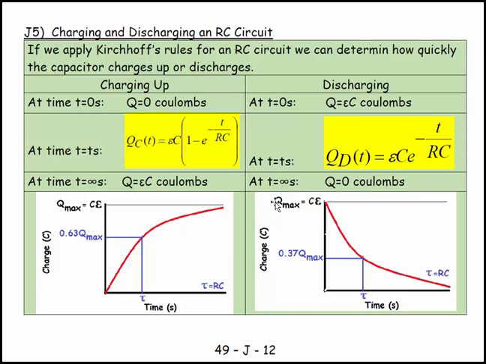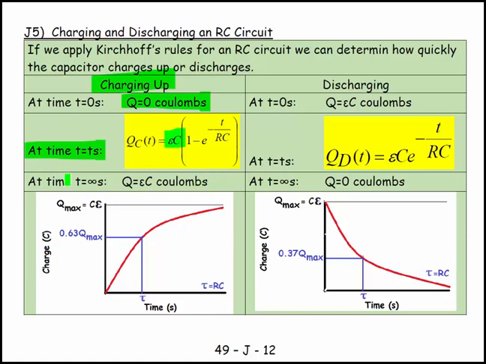in this course. So we kind of pull the answer out of a hat and we say for charging up at time t equals 0 seconds, just after you close the switch, as we just said, there's no charge on the capacitor, and then at time t seconds in between, the charge is equal to the maximum charge possible, which is the EMF times the capacitance, modified by 1 minus e to the minus the time over a constant called the time constant, which equals RC.